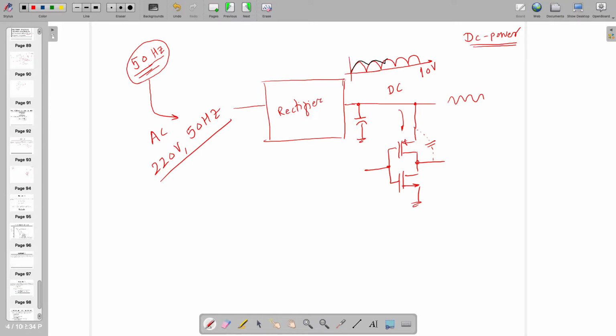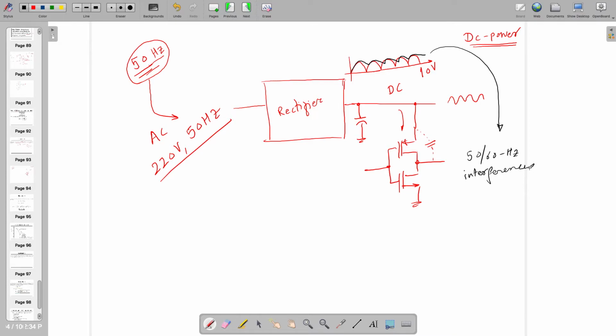Even though we do that, there is some ripple, and those ripples we are talking about are known as 50 or 60 hertz interference.